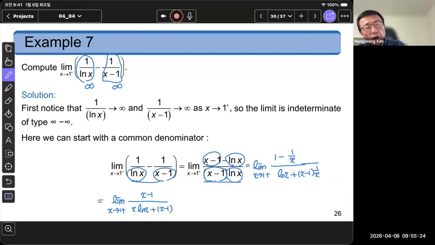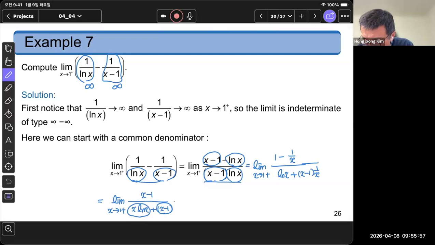As x approaches 1, x minus 1 in the numerator converges to 0. x times log x converges to 0. x minus 1 converges to 0. So the numerator and denominator are approaching 0 as x approaches the value 1. So it's a situation where I can apply L'Hopital's rule one more time.